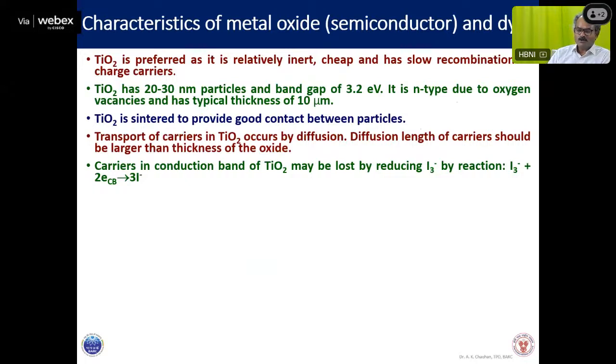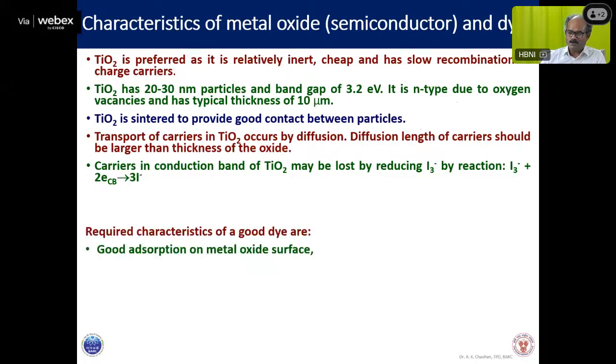TiO2 is sintered to provide good contacts between particles. Transport of carriers in TiO2 occurs by diffusion. The diffusion length of carriers should obviously be larger than the thickness of the oxide. Carriers in the conduction band of TiO2 may be lost by reducing I3⁻ through the reaction I3⁻ + 2e⁻ to 3I⁻.